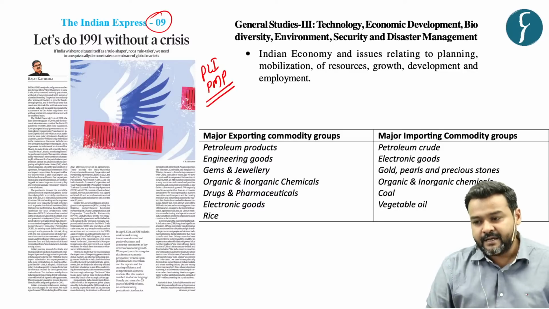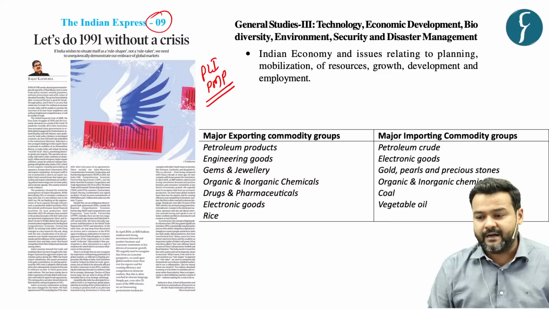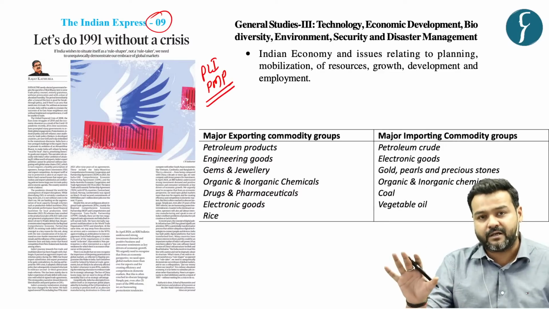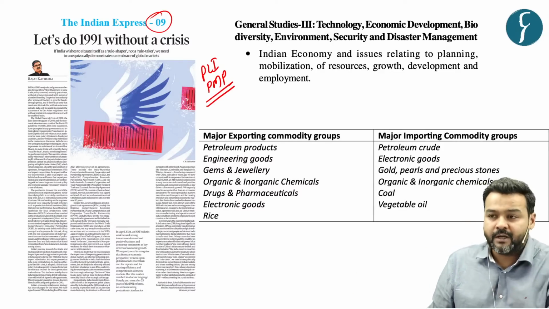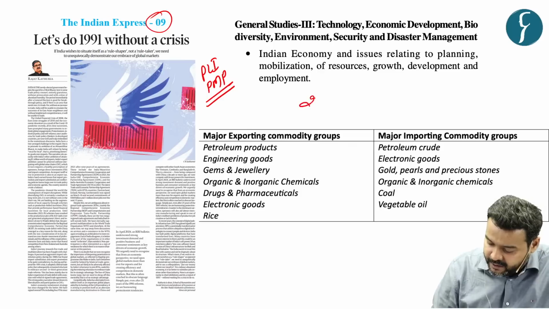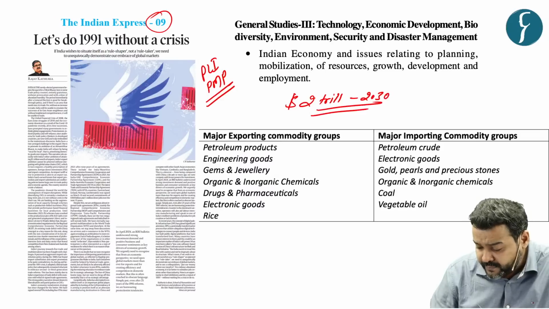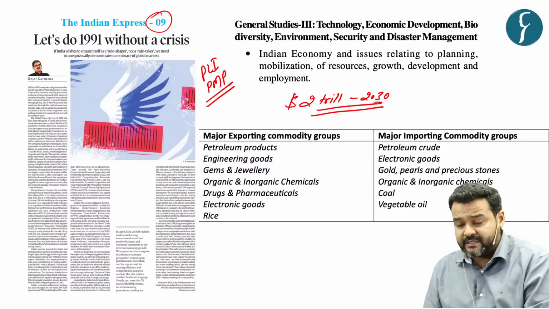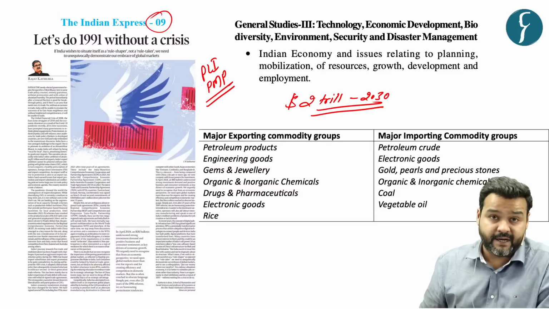The author says that this focus on domestic manufacturing and import substitution, where you are moving away from imports, is not in sync with your target of achieving $2 trillion in exports by 2030. And why? Because the author says that our baskets of imports and exports are interdependent.